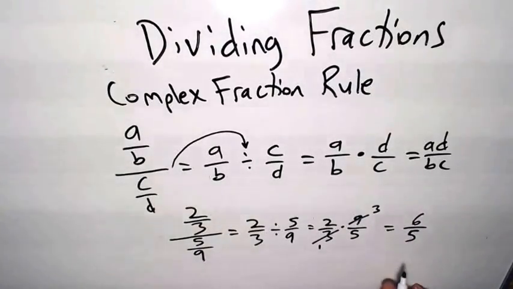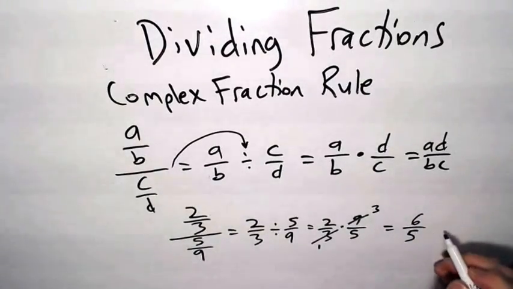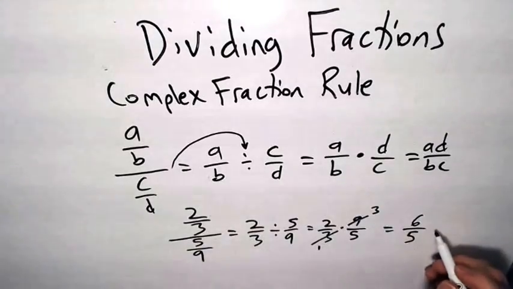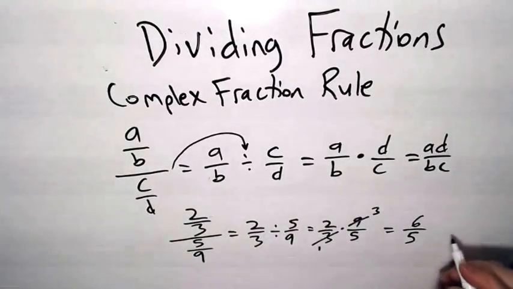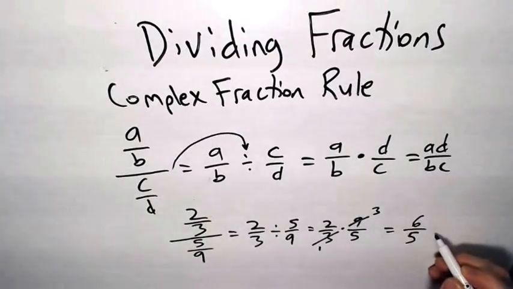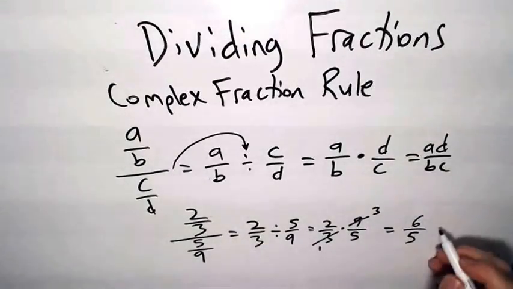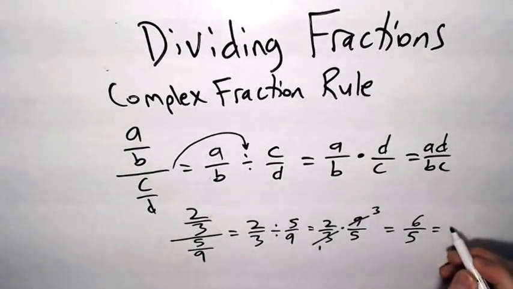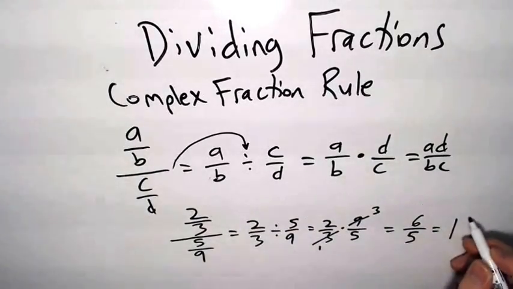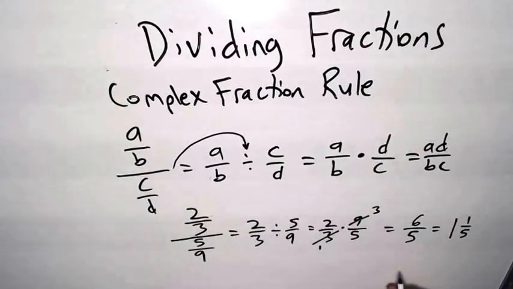This is an improper fraction. Some teachers would like you to express this as a mixed number. This is reduced because there's no common factors, but because it is an improper fraction, we could express this as a mixed number. So it's 1 and 1/5. How do I know that?